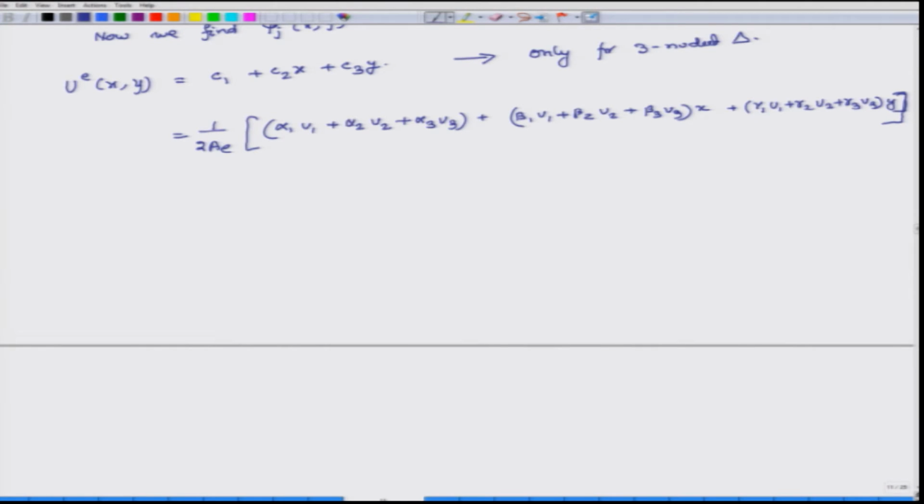Okay. Now, we have developed the expression for u. What we do is we collect terms involving u1, then we also collect terms involving u2, and then we collect terms involving u3.